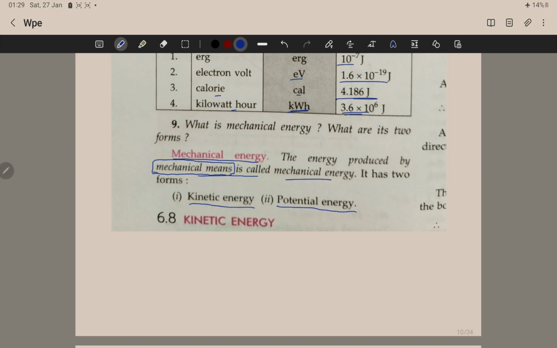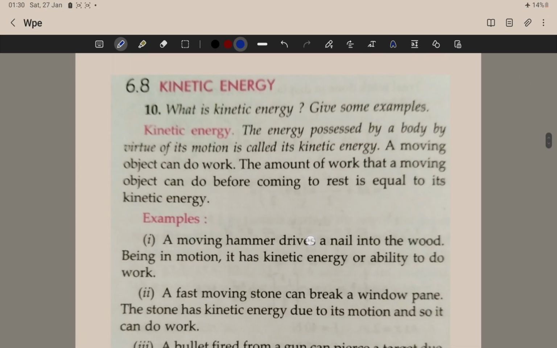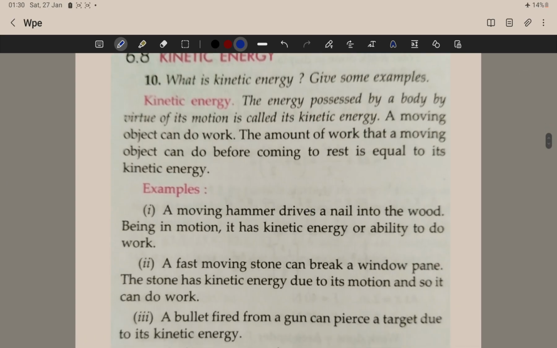So let's talk about the kinetic energy. Here is the definition of kinetic energy. The energy possessed by a body, meaning the energy that the body holds within itself, by virtue of its motion. By virtue of its motion, that term is important. The energy possessed by a body by virtue of its motion is called the kinetic energy.